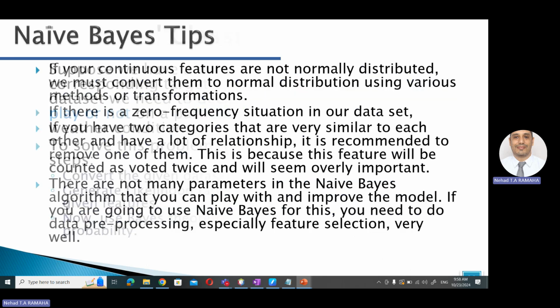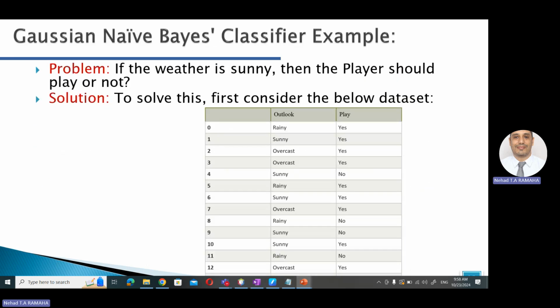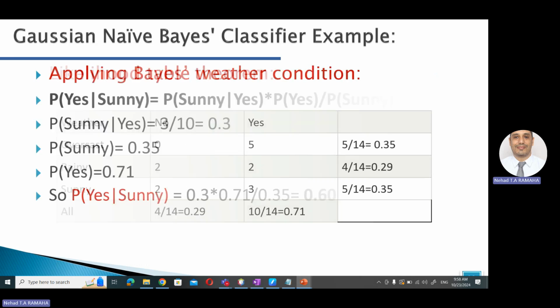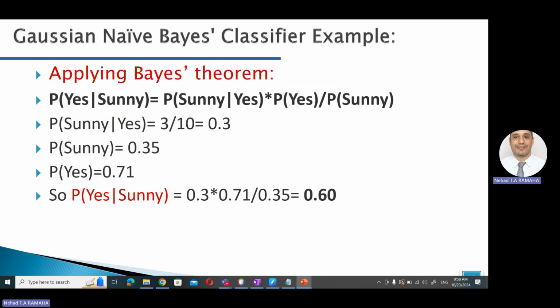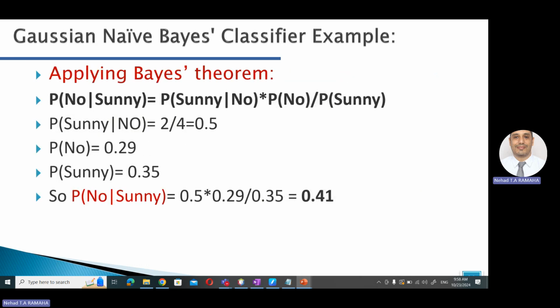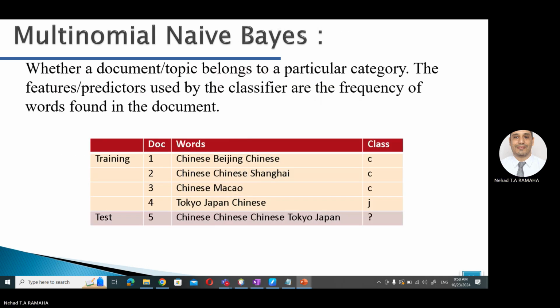Here we have this example. The last example was about this type of naive Bayes, which depends on multinomial, or nomial, something like this. Doesn't matter. So we speak about what?